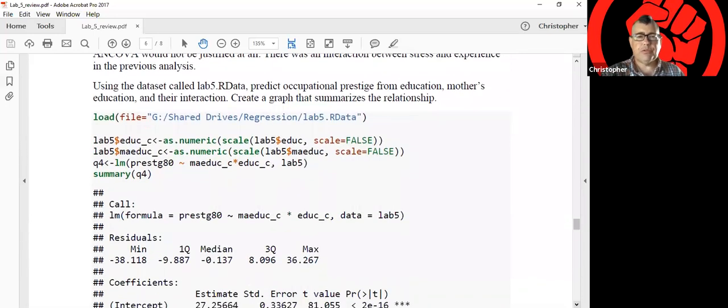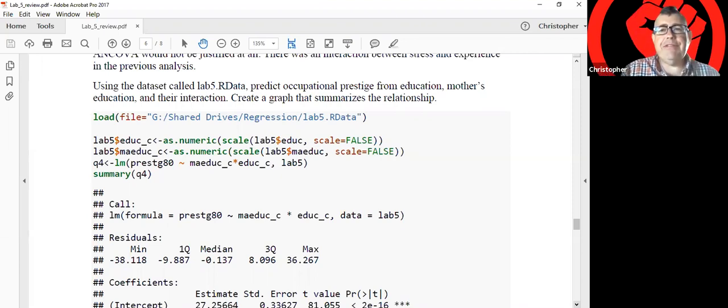All right, question 4. This one looks a lot like a question on the homework. However, the results are different because this is a different data file which produces a different pattern of results, but it's basically very similar to one of the problems on the homework. So we're going to predict occupational prestige from 2 variables, person's level of education and their mother's education.